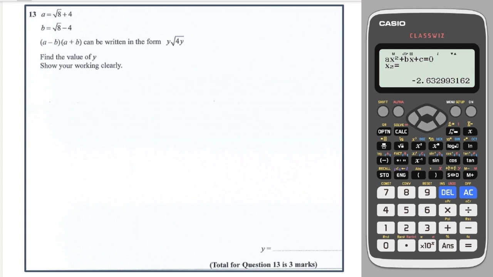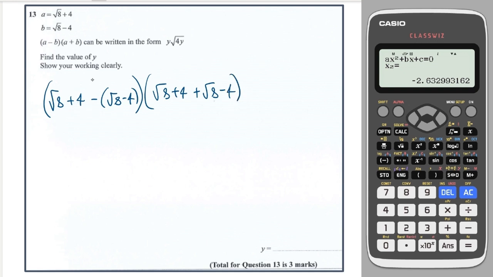Question 13 is quite tricky, very tricky question. First off, we will substitute in. So a minus b is going to be root 8 plus 4, and then I'm taking away root 8 minus 4. Okay, and then a plus b is going to be root 8 plus 4 plus root 8 minus 4.